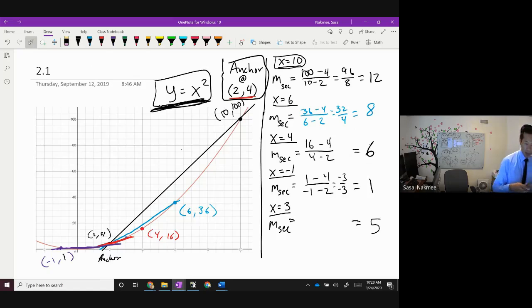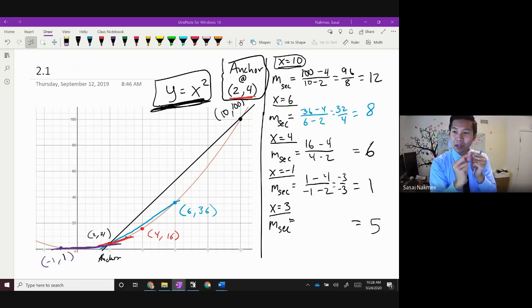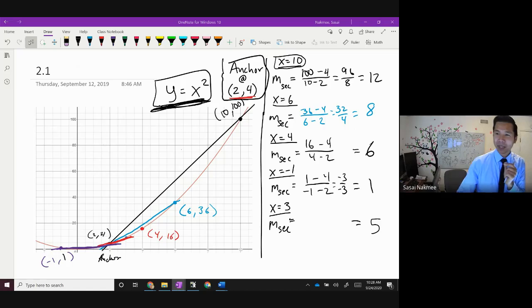I get this new value as I approach this anchor point of x equals 2. Now, what does this all mean? Well, with what we've been learning about limits, I'm getting these points closer and closer to each other. And as the points get closer, it gives me the slope of a line that's pretty much almost on that point and only that point.